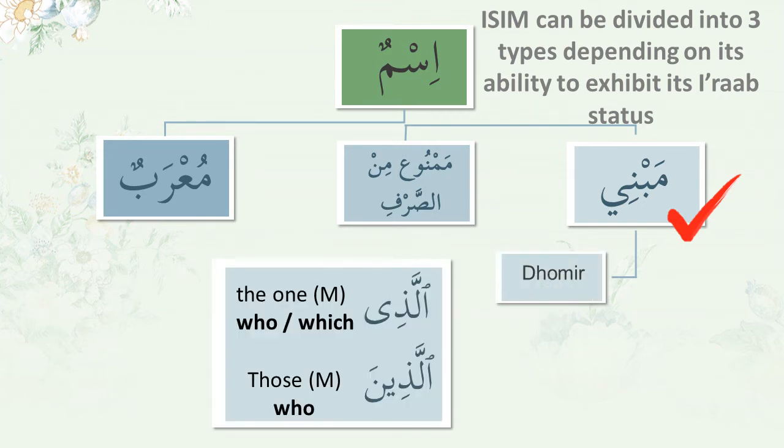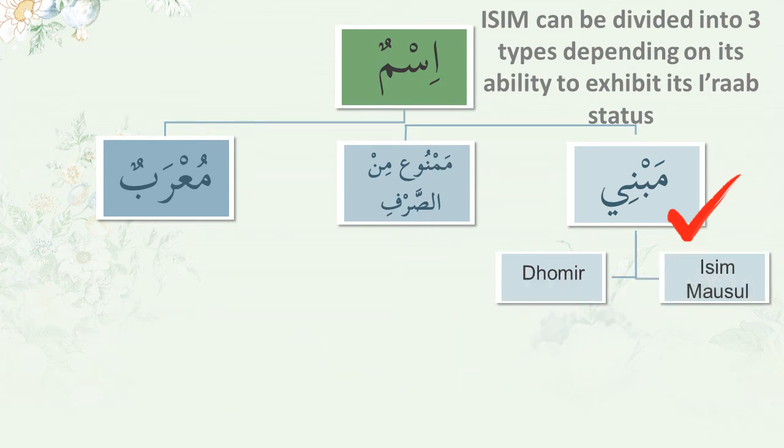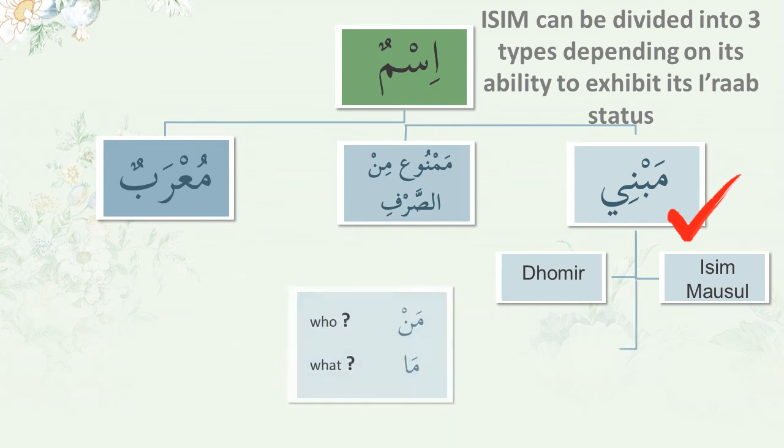Words like alladhi, the one who or the one which, and alladhina, those people who, these relative pronouns are called isim mausul. Question words or interrogative nouns such as man, who, and ma, what, are mabni. They are grouped under isim istifham.